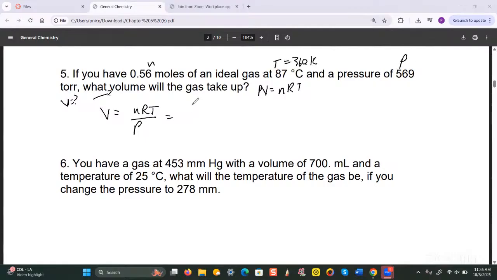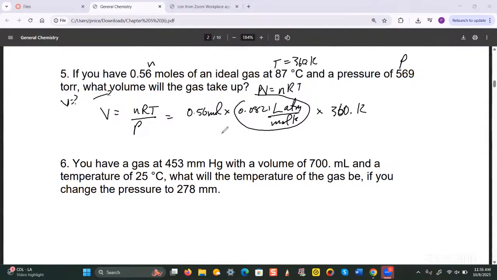So we put the numbers in, 0.56 moles multiplied by 0.0821 liters atmospheres over mole Kelvin. Now remember, this is a constant. That doesn't change, all right? And then we multiply that by T, which is 360 Kelvin. And then we divide all of that by the pressure. Now the pressure here is 569 torr.